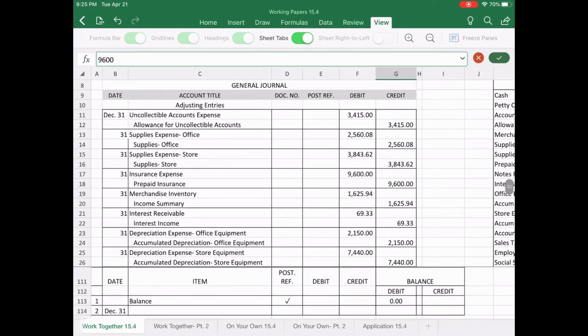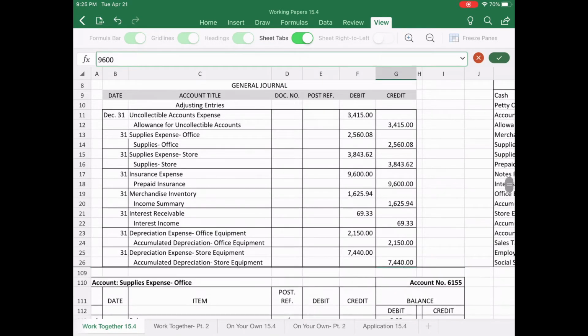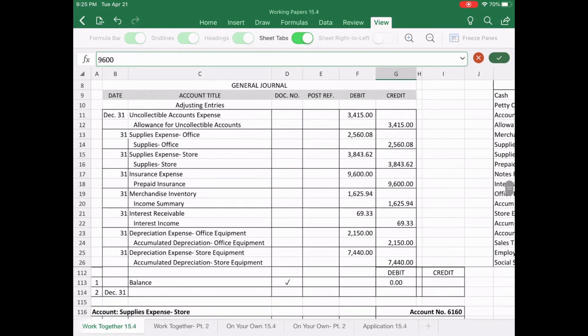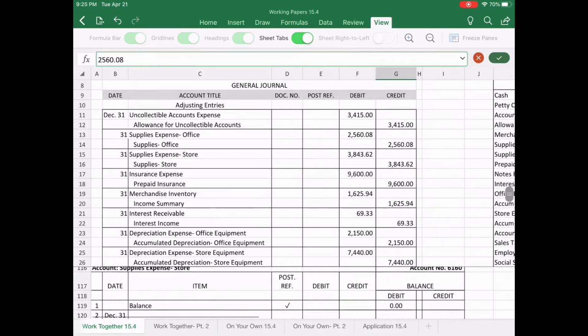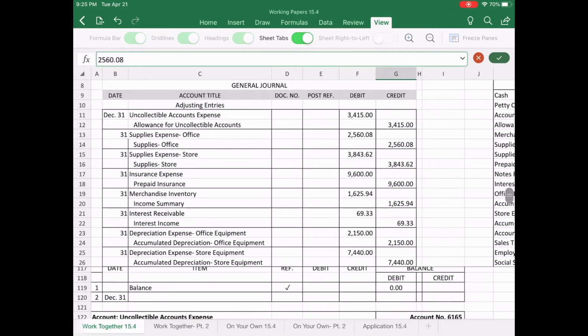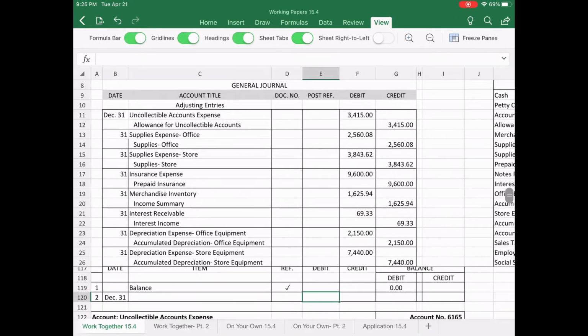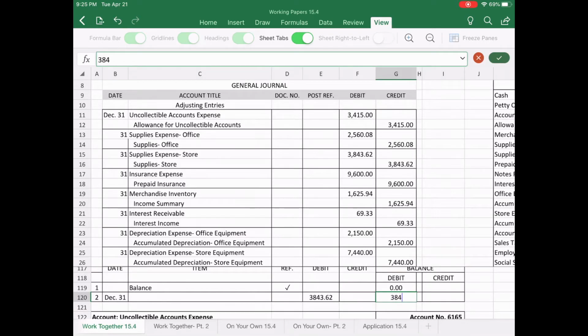Supplies expense office, 2560. Supplies expense store, 3843.62.